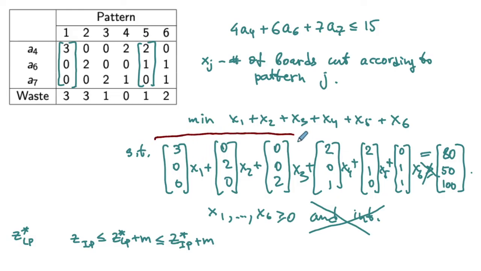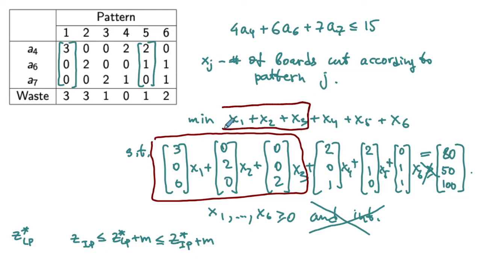So we are going to ignore the remaining columns for now, and we'll focus our attention on the first 3 columns by dropping the variables x4, 5, and 6. And in fact, in general, we don't even know, and we don't need to know how many patterns we can have overall.